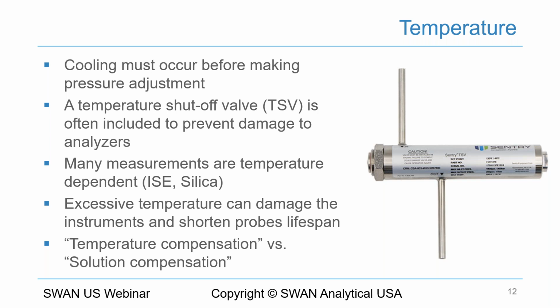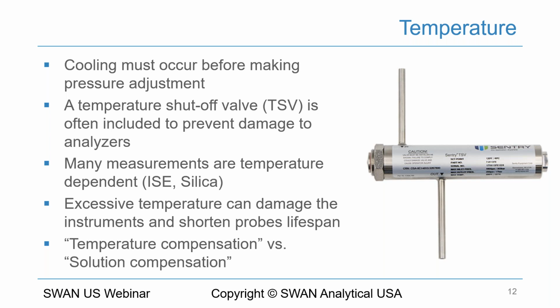So an ion-specific electrode, mechanically it actually shifts at different temperatures and will not generate the same millivolt response to the ion that it will at other temperatures. So the analyzers actually correct for that, accounting for that mechanical shift.